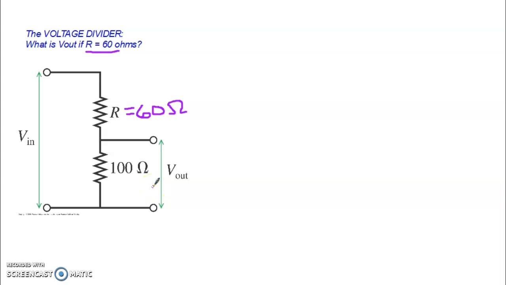I haven't really talked about applications of this circuit, but it's very often used in what we call bias circuits. For those of you interested in electronics, you might want to know how you would amplify a signal, for example, if you have a small signal coming out of an iPod or a computer headphone jack, and you want to boost it. You often have to put it through a circuit called an amplifier circuit.